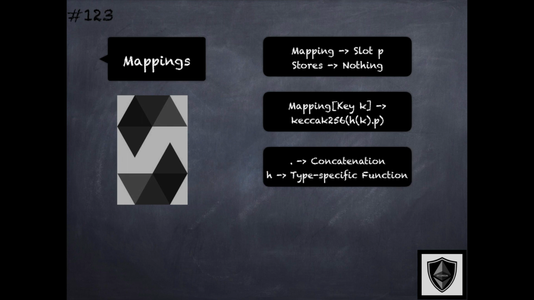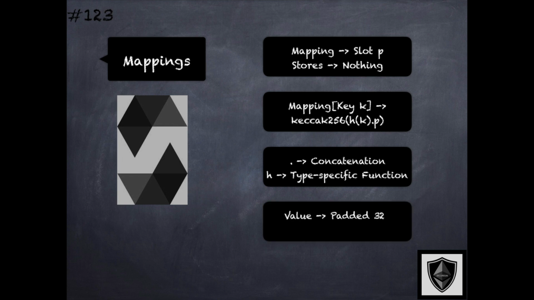What this signifies is that the dot is a concatenation of the two values h(k) and p. And we know that p is the slot number, which we mentioned earlier on. H is a function that is specific to the type of the key that we are talking about.